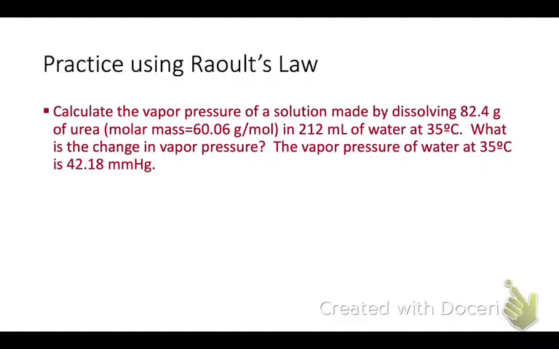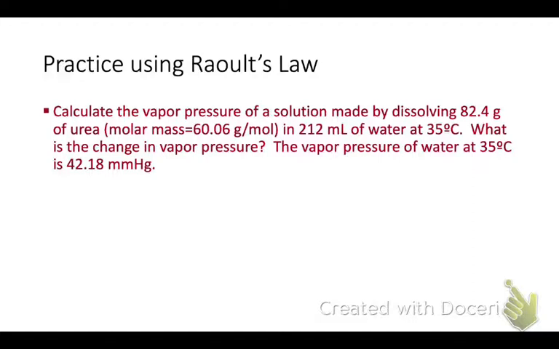Here is an example. Calculate the vapor pressure of a solution made by dissolving 82.4 grams of urea, with molar mass 60.06 grams per mole, in 212 milliliters of water at 35 degrees Celsius. What is the change in vapor pressure? The vapor pressure of water at 35 degrees Celsius by itself is 42.18 millimeters of mercury.